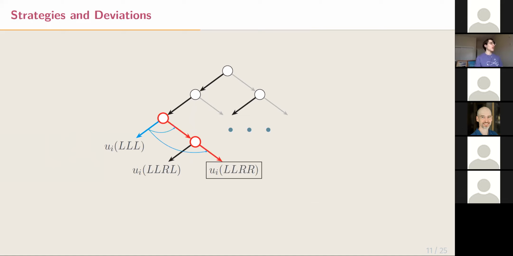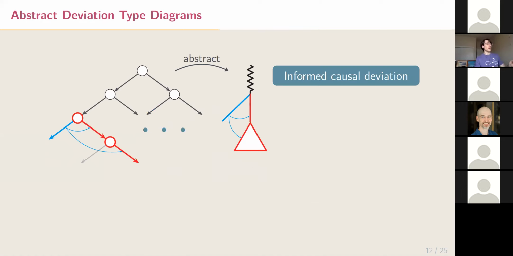All right. Now, one other thing that we're going to need is to abstract this out. So this is one particular deviation, but you can imagine many deviations that have this kind of flavor where you follow the strategy for a little while and then you deviate. And that's exactly what are called causal deviations. And we draw them in this abstracted form where we have a zigzag at the top representing an arbitrary string of actions that lead to some trigger information set.